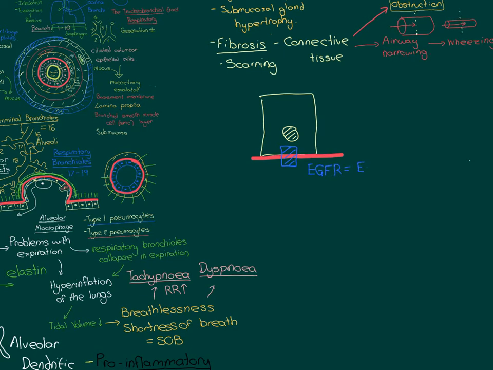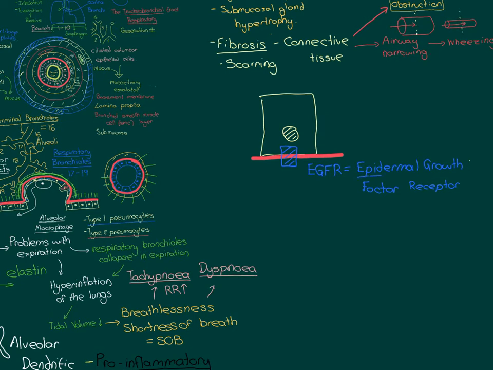Writing this out in full, E is for epidermal, GF is for growth factor, and R is for receptor. This is one of those receptors that can induce cells to divide. It's a growth factor receptor, so it responds to growth factors which are trying to get cells to divide. And this receptor is specifically named because it responds to the epidermal growth factor.